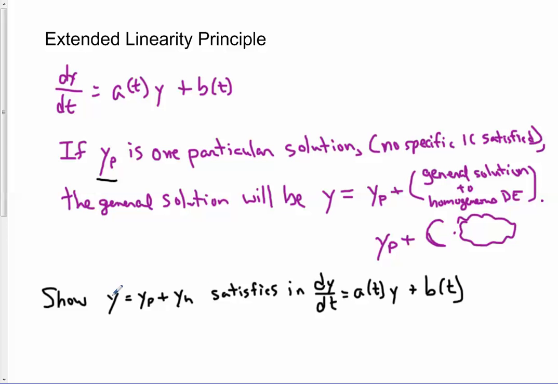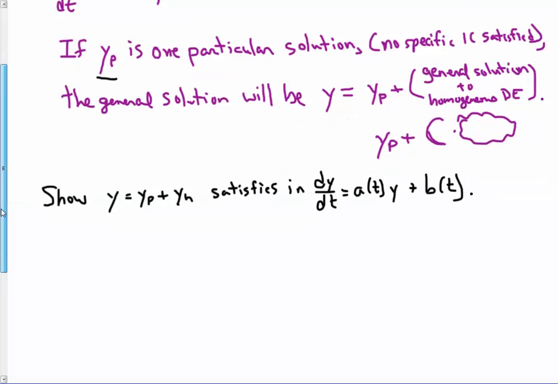So we're going to plug that in, we're just going to check it. We're going to plug this in for y here and for y here, and we'll see that both sides are the same. Now, we're doing this a little bit abstractly because we don't know what a of t and b of t are, and we don't know what y sub p and y sub h are exactly, right? But we're going to show that it doesn't matter and that it will always work anyway.